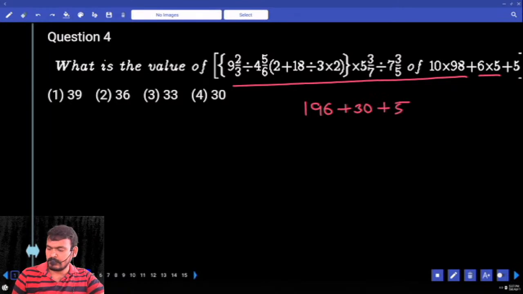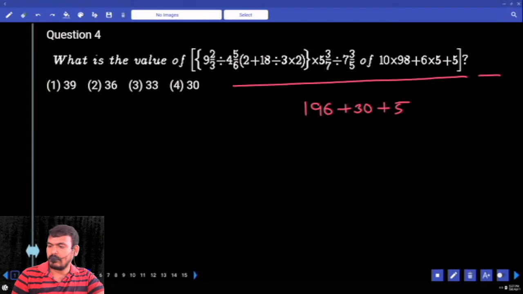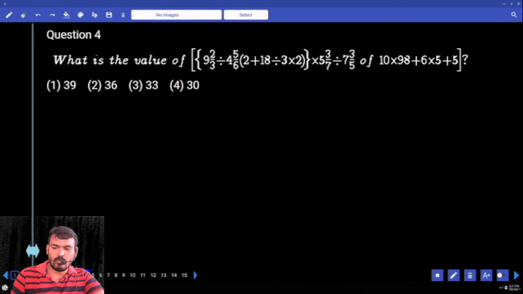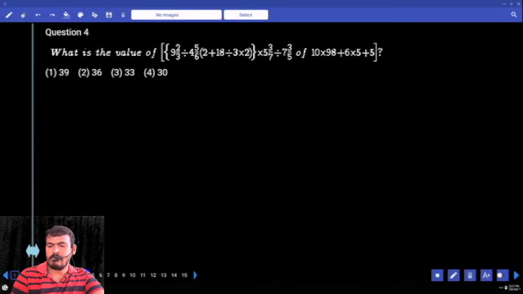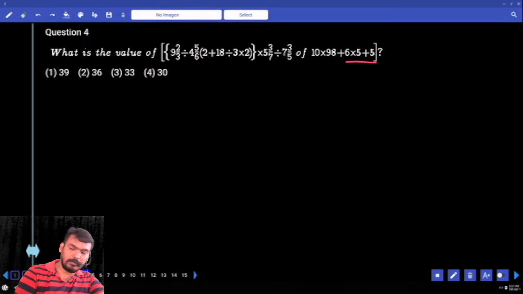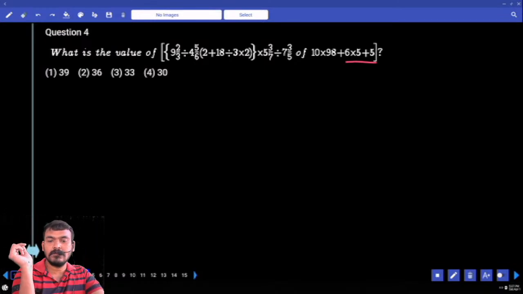Total it is 220, 230. What is the last value? 35. In paper all the values are correct. 6 into 5 plus 5.